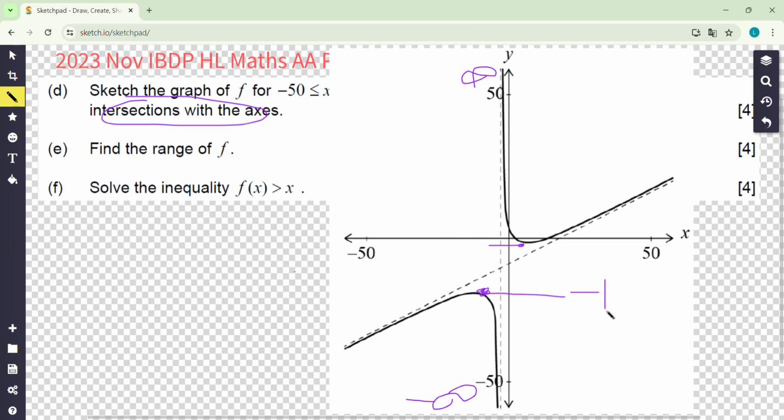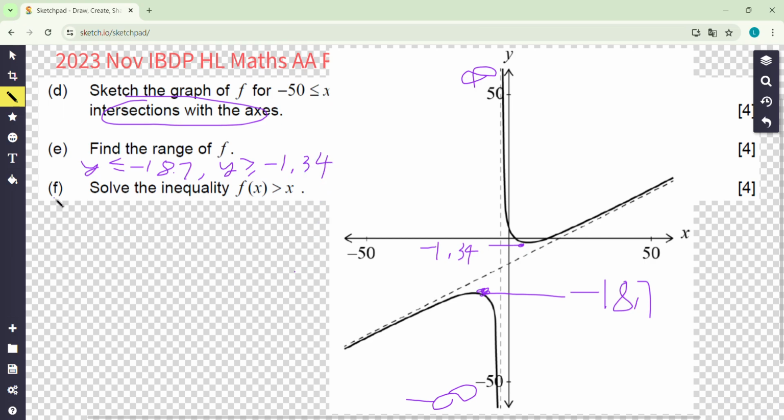This one is negative 18.7 and that one is negative 1.34. So for part E, y is less than or equal to negative 18.7, and y is greater than or equal to negative 1.34.